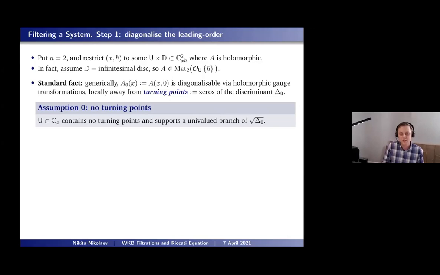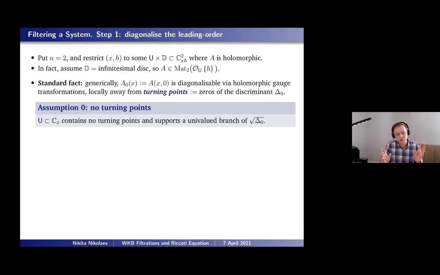The other assumption is that on each of them, I want to be able to choose a univalued branch of the square root of the discriminant. So for instance, if U has no turning points and is simply connected, that is granted for free, because of course I can choose a square root branch.